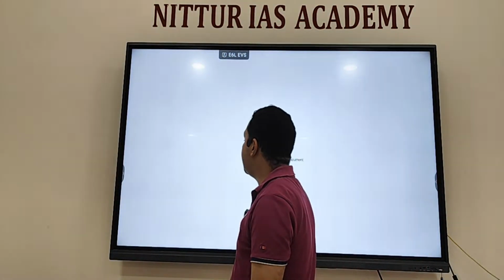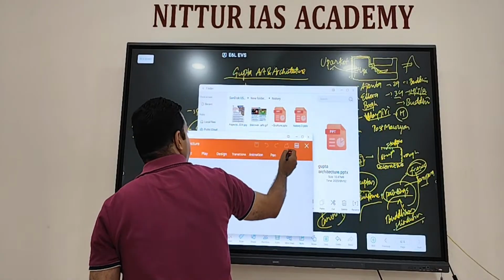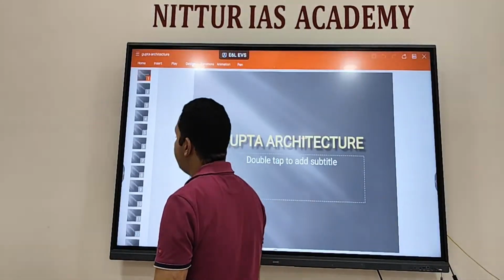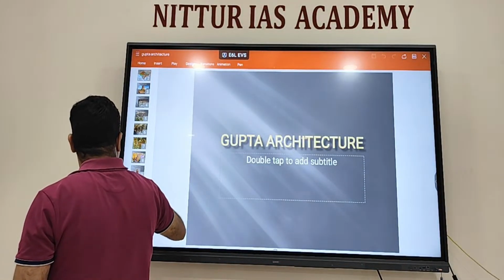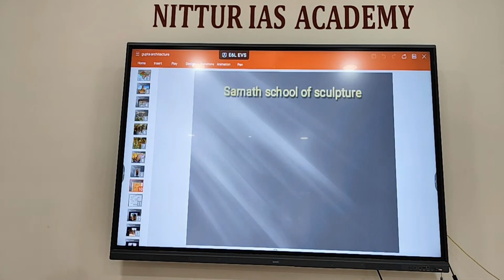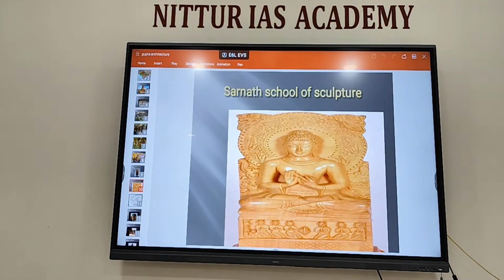Regional sculptures are being seen in Vidisha and Patliputra.